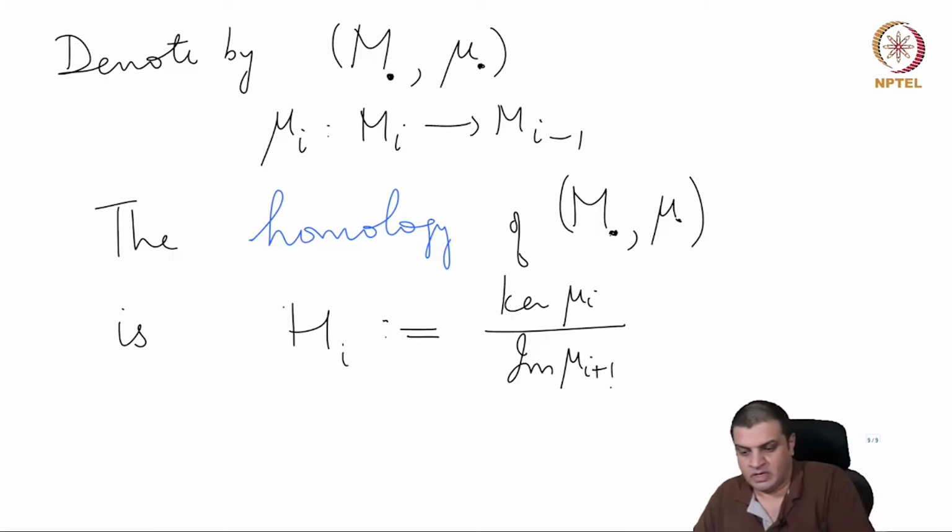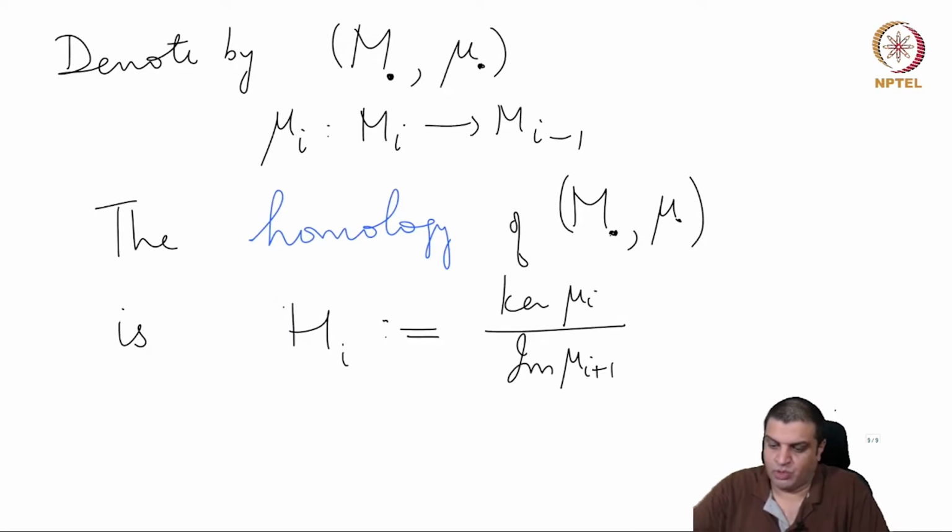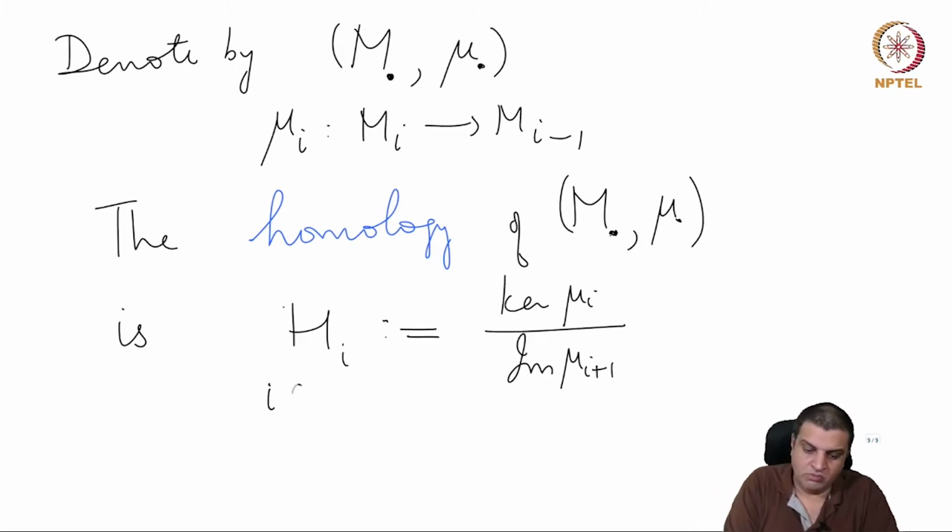But the kernel of mu I contains the image of mu I plus 1, so the quotient is what we are interested in, and this is for I in Z.